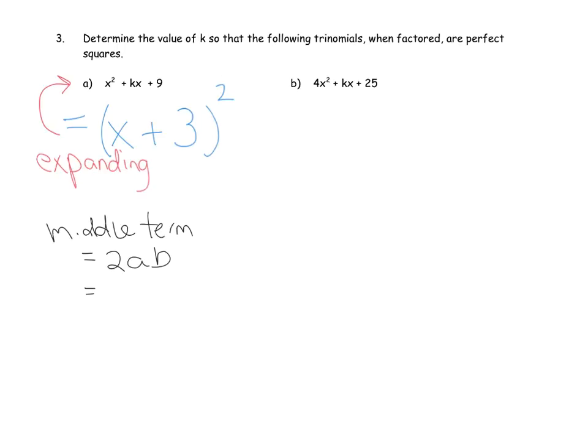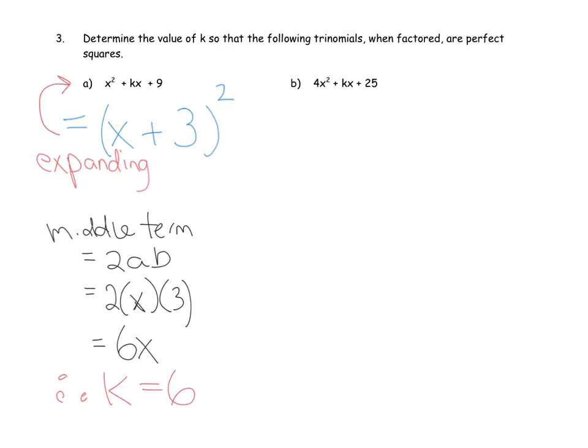So in our case, our a is x, our b is 3, so we actually get 6x. Okay, and that tells us then that this value right here should actually be 6. Okay, so again, I'm thinking about going the opposite direction, right? I'm factoring that, okay? Let's try the other one.